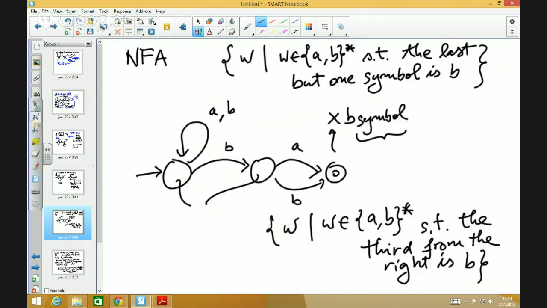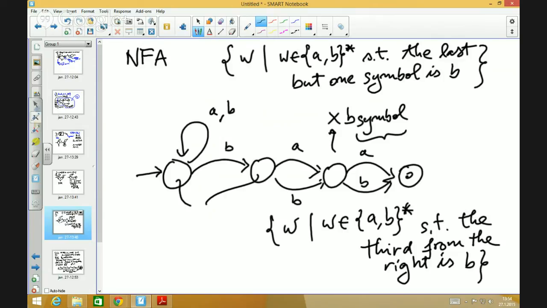You just need to modify this automaton here. How would you modify it? Okay, you would need to add one more state. It would be this one. 4 states.